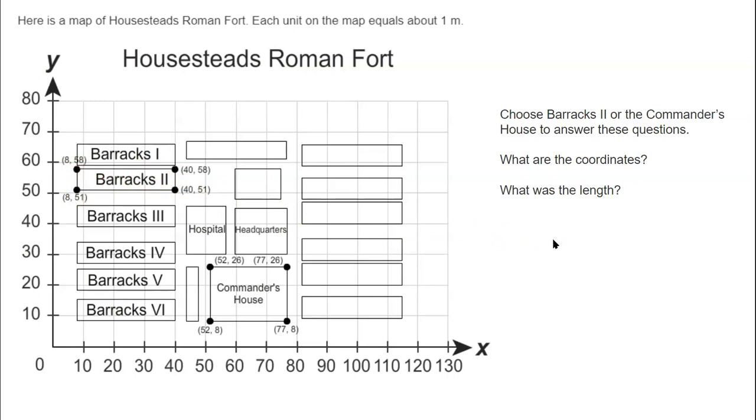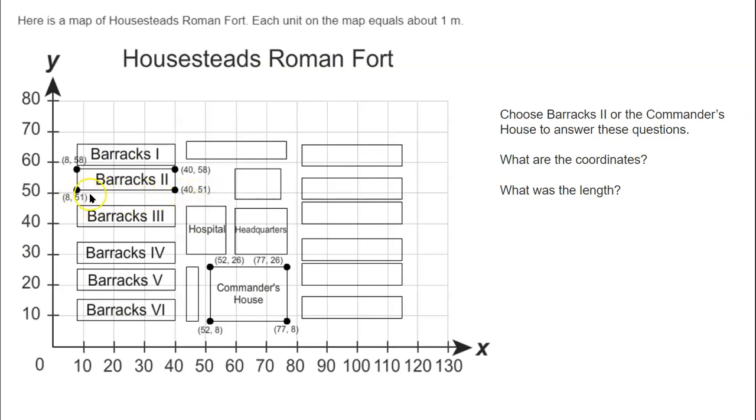Then it's asking you, what is the length? So you can choose which one you use as the length. I would consider the length the base. So here we're going to say the base of the commander's house or the base of Barracks 2 is, and you're going to determine what that is.